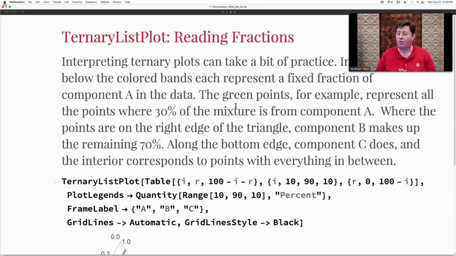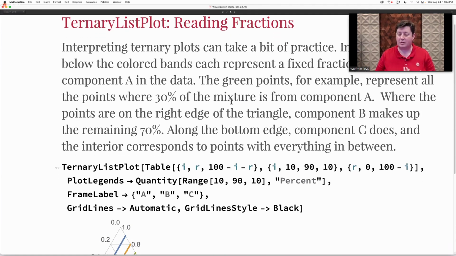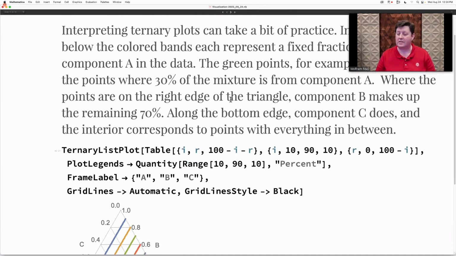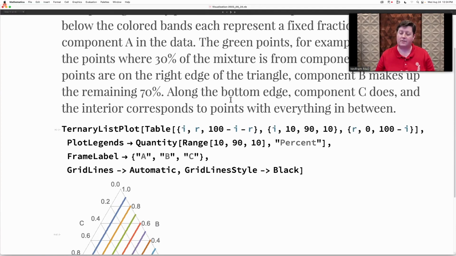And so I have a couple of examples I want to go through that show a couple of things that you can read off from a ternary list plot.